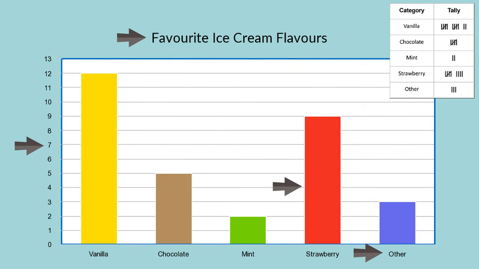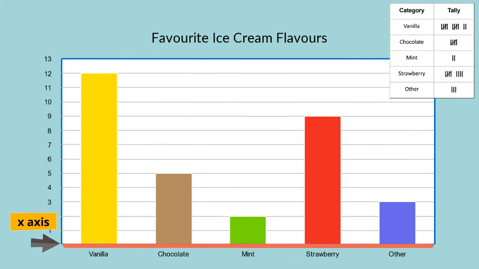Now, here's the advanced class, the extra piece of information for today's lesson. This is very, very fancy maths language we're learning here. As well as those 4 important parts, there are 2 extra ones I want you to remember. Every bar chart has got an x-axis, that is the line that goes along the bottom, and a y-axis, that's the line that goes up to the top.